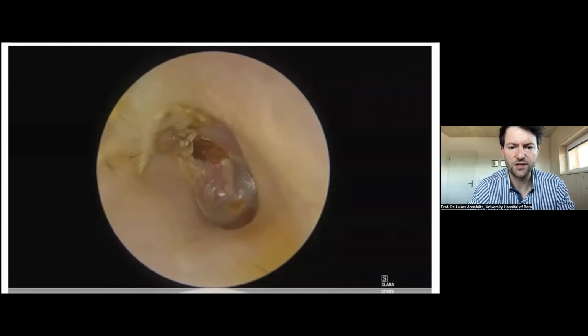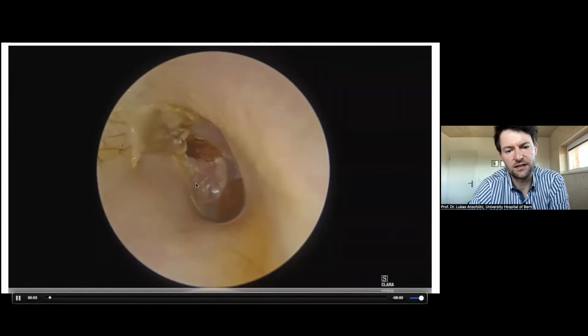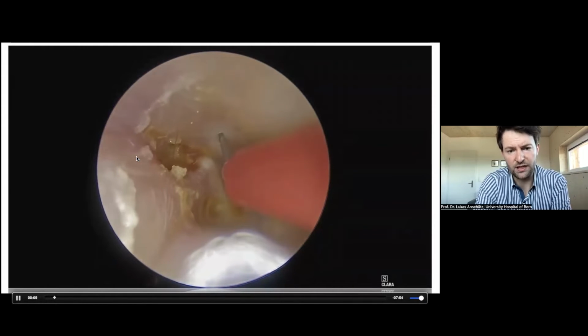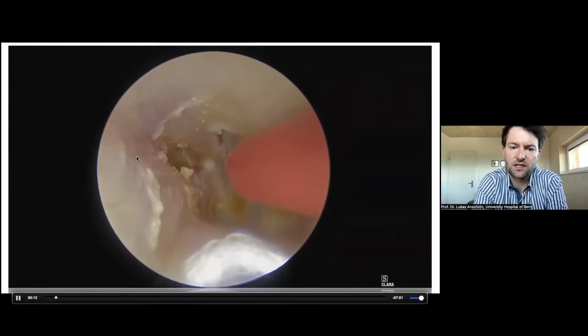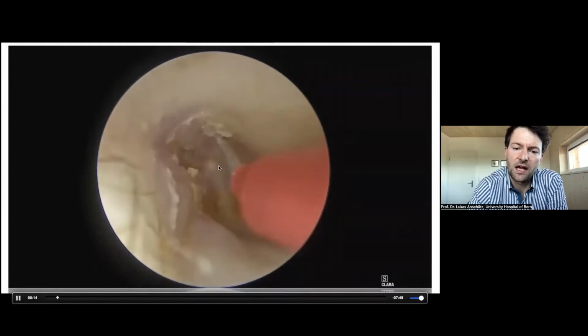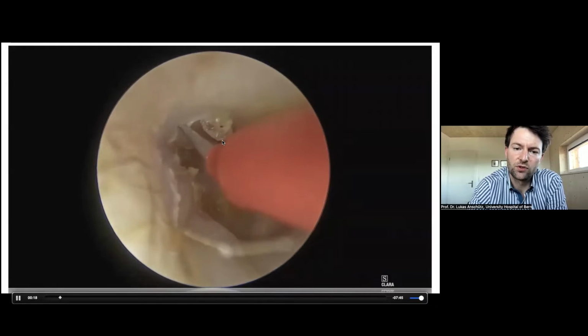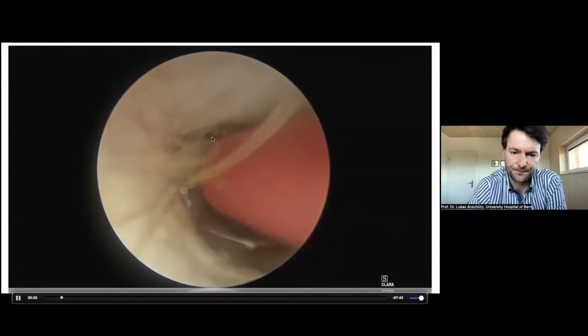So this is the surgery. We start here. You can see the picture you saw before, infiltration of adrenaline with a little bit of lidocaine for hemostasis. And you can see I start the tympanomeatal flap anterior to the hammer, and I use a monopolar to make some dots to control the bleeding.